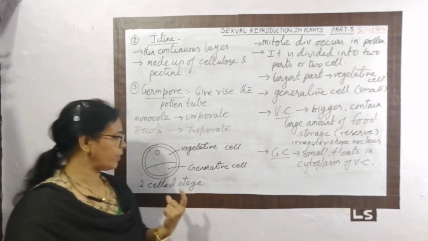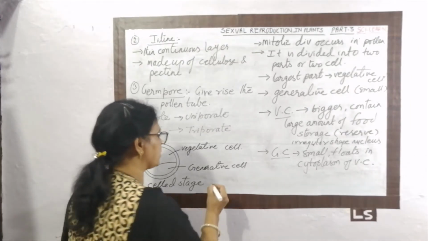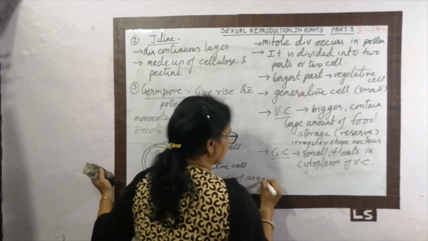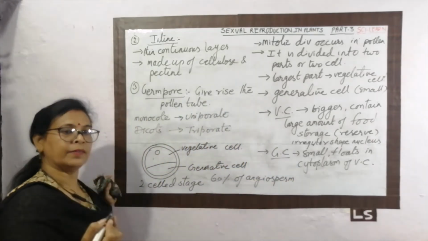When it is divided into two parts, this is the two-cell stage, and in 60% of angiosperms, the pollen gets separated at this stage.